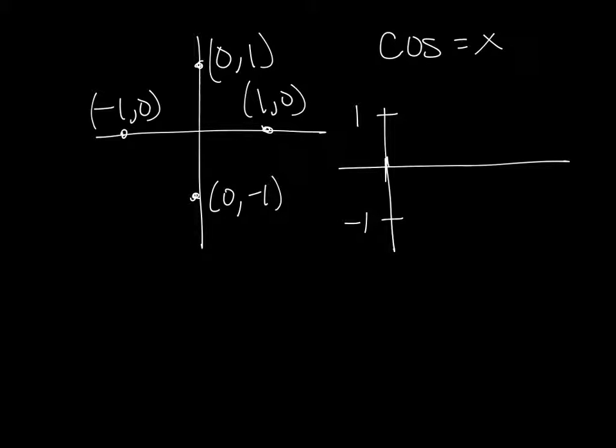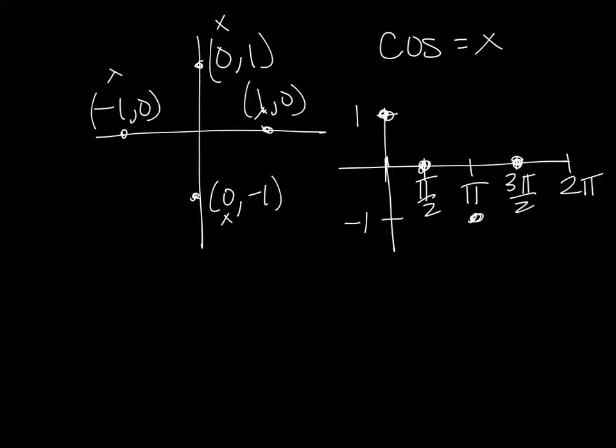At 0, the first x is 1. At pi over 2, the x is 0. At pi, the x is negative 1. At 3 pi over 2, the x is 0. And completing the circle at 2 pi, the x is positive 1 again. So there's our cycle for cosine.